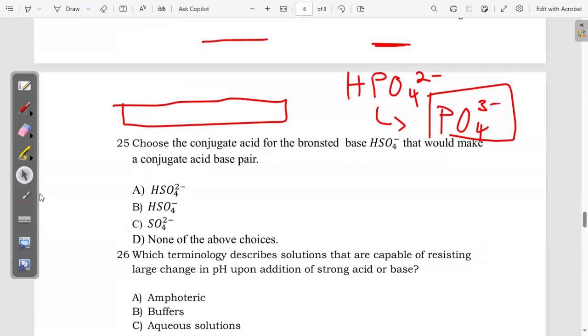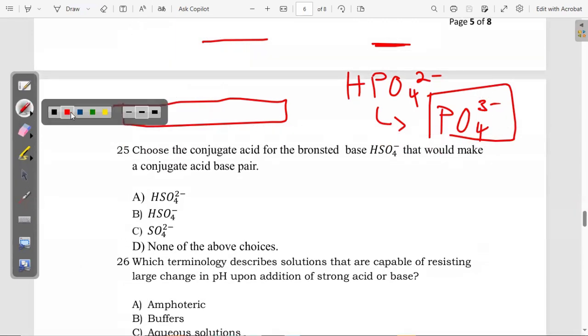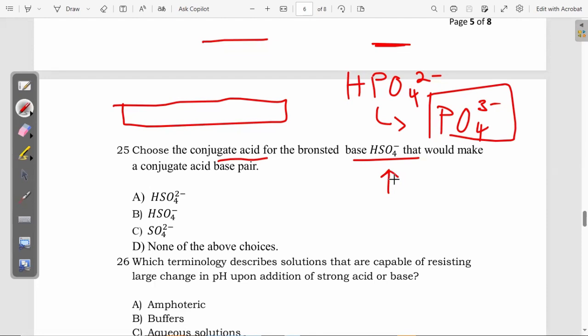So look at question number 25. They're saying the conjugate acid for this base would be, so this is the base. For me to get the conjugate acid, I need to add a hydrogen ion, so hydrogen ion plus HSO4 minus.